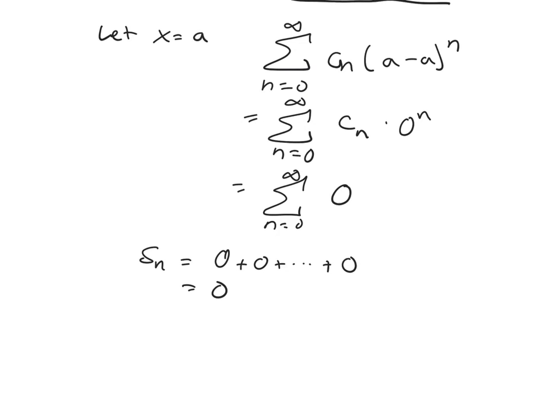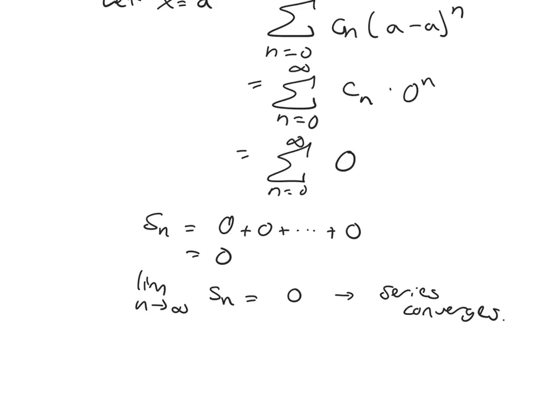And then you take the limit of these partial sums and you're going to get 0. So the partial sums converge, which tells me the series converges. So no matter what power series you start with, you automatically know it converges for the value a, okay?